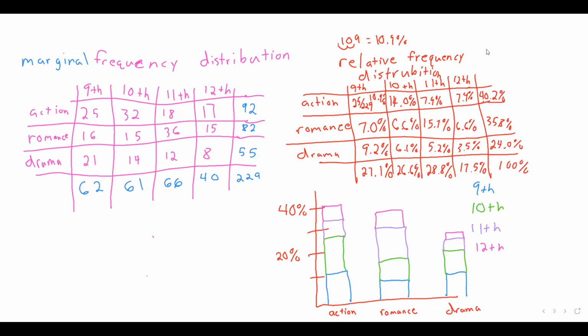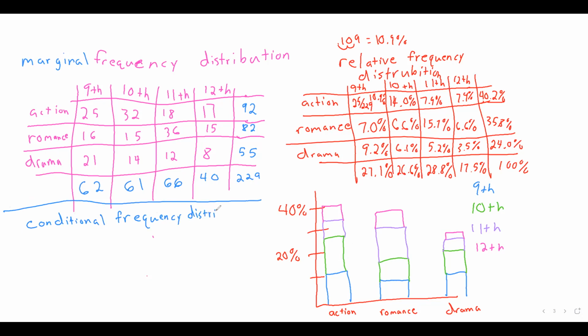Last but not least, we can do a conditional frequency distribution. And conditional means instead of dividing by the total for the table, or 229, I'm going to divide by whatever I'm given.